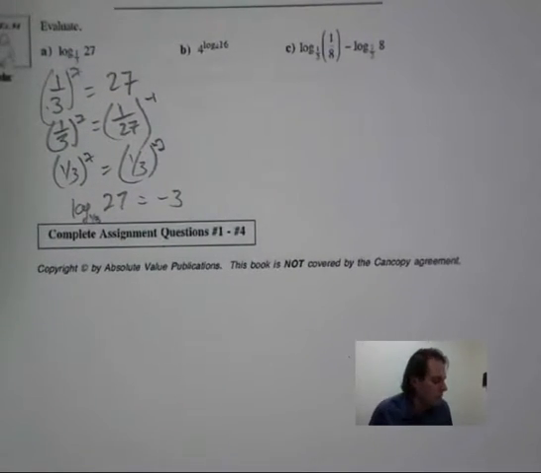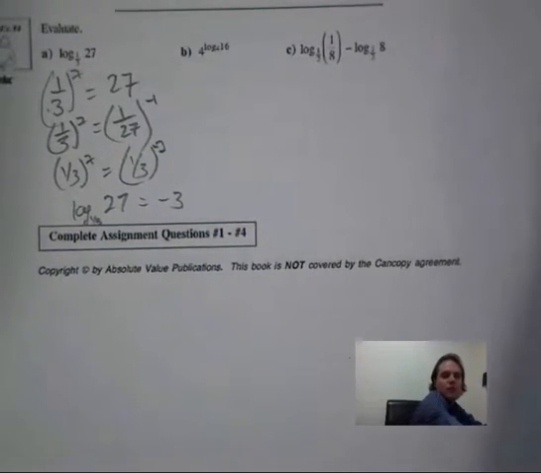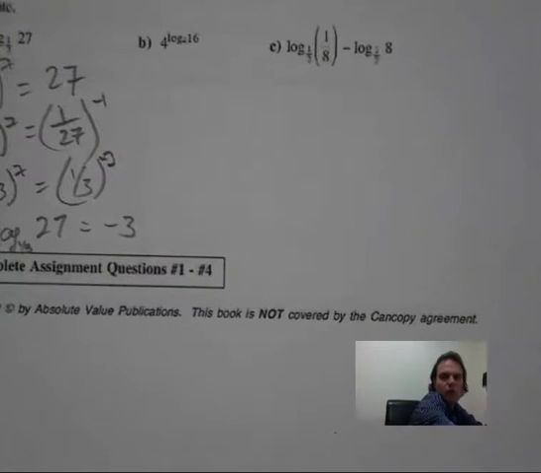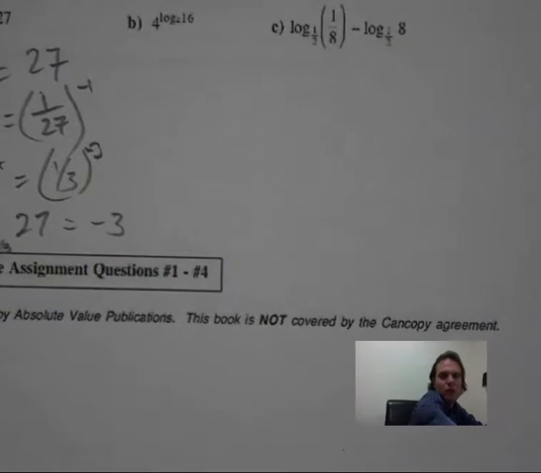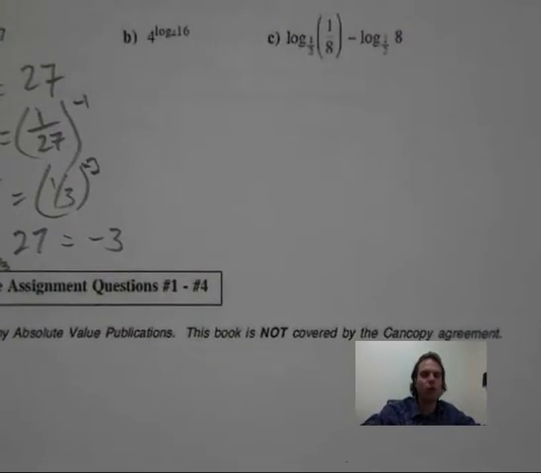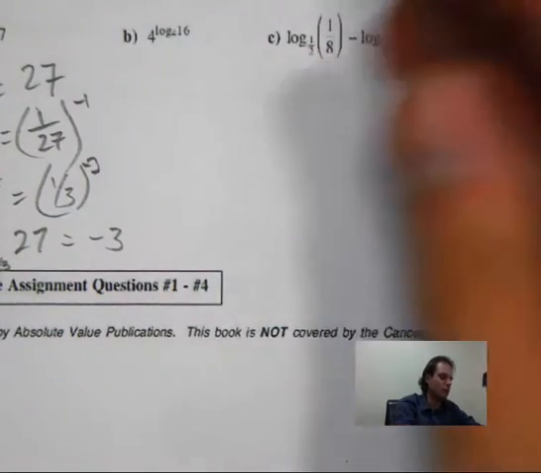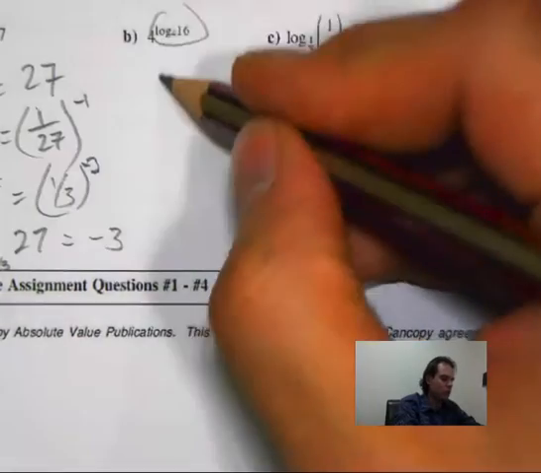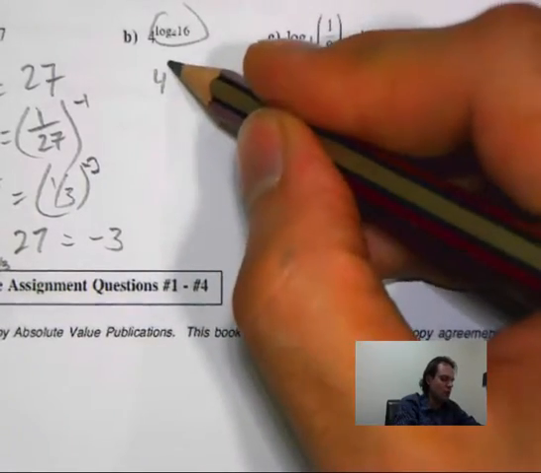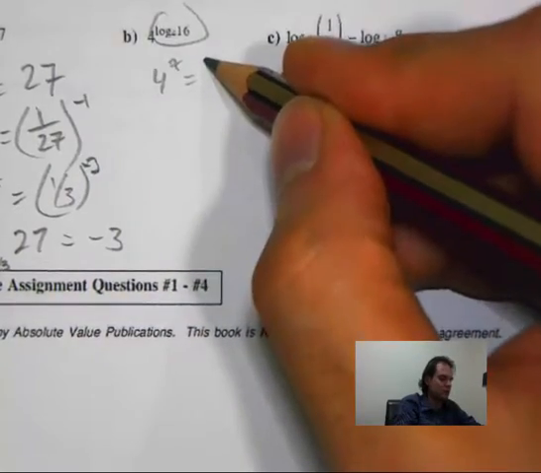Okay. Next one here, we're going to look at log base 4. I'm going to zoom this in because this is very small. Okay, so we have 4 to the power of log base 4 of 16. So I'm going to look at this part first. That's saying 4 to the power of x is equal to 16.